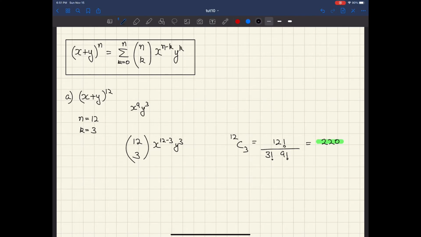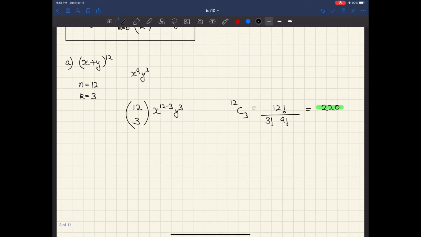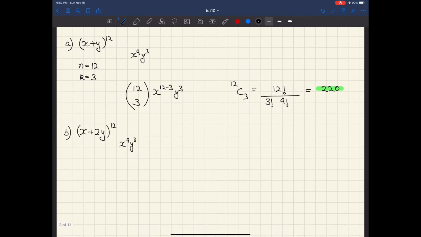Now the second part is (x plus 2y) to the power 12. Again, we have to find the coefficient of x to the power 9 y to the power 3. Here again, n would be equal to 12 and k is 3. And we already know what 12C3 is equal to.